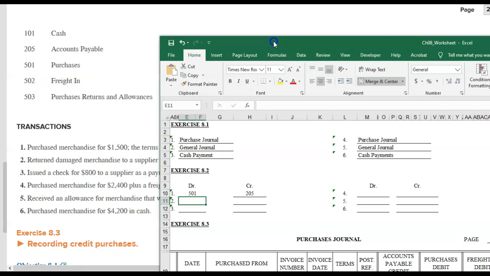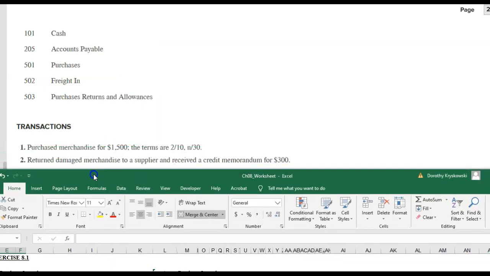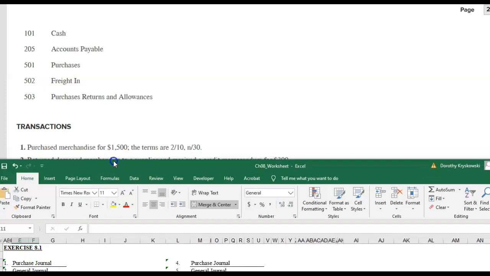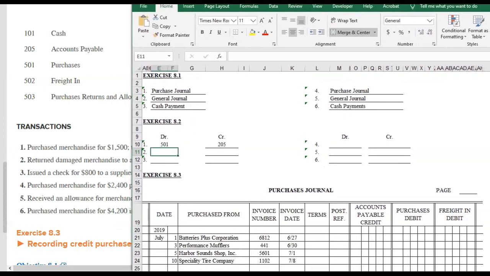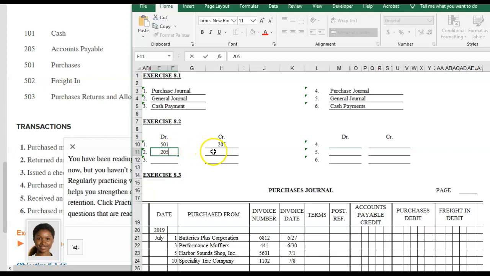Let's do the second one. Return damaged merchandise to a supplier, received a credit memo for $300. So that means we've got a credit of $300. It doesn't mean they gave us cash for $300. It means we got a credit. And so the liability, accounts payable, gets a debit now, because it's $300 less that we owe them.